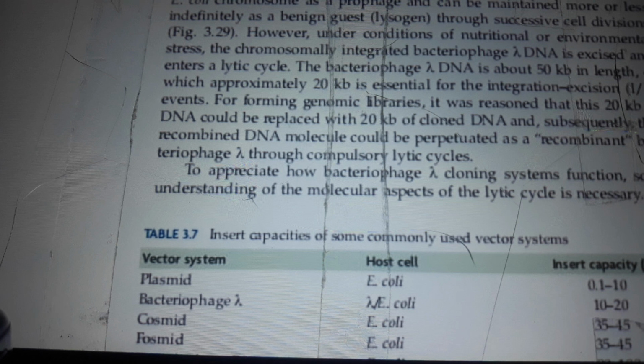The bacteriophage lambda DNA is about 50 kb in length, of which approximately 20 kb is essential for the integration, excision, and replication events. For forming genomic libraries, it was reasoned that this 20 kb of DNA could be replaced with 20 kb of cloned DNA, and subsequently this recombined DNA molecule could be perpetuated as a recombinant bacteriophage lambda through compulsory lytic cycles.